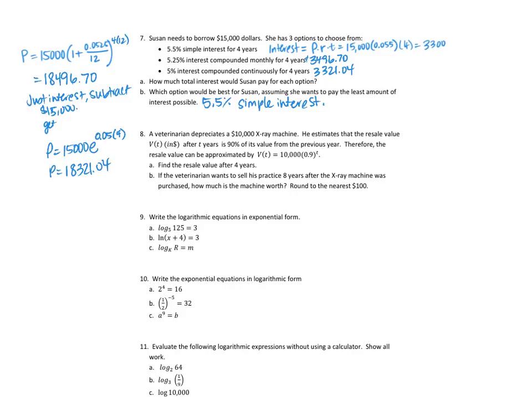Okay, a veterinarian depreciates a $10,000 x-ray machine. He estimates that the resale value is 90% of its value from the previous year. Therefore, the resale value can be approximated by that. Find the resale value after 4 years. So V of 4 would be 10,000 times 0.9.